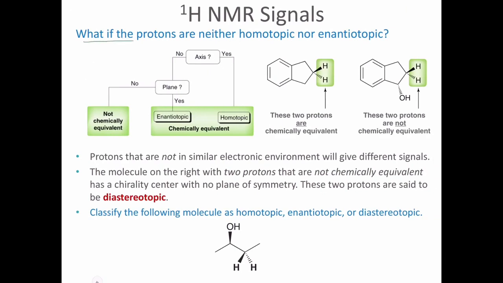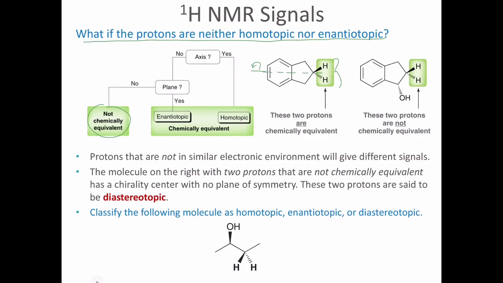What if the protons are neither homotopic nor enantiotopic? Then what happens? Well, then that means they are not going to be chemically equivalent. If they are not chemically equivalent, we are going to have different signals. So for example, these two protons, we can have a plane of symmetry where we can rotate this molecule, and we're going to interchange those two protons.